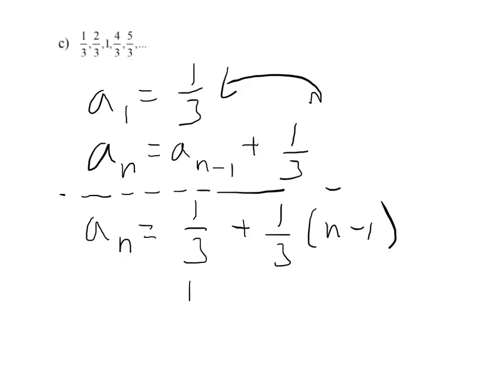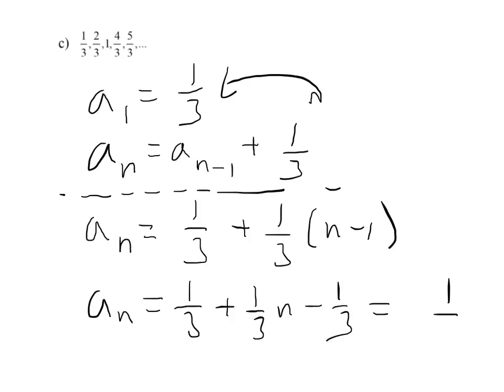If I wanted to simplify that, I would have to distribute that 1/3 through, and that would give me an interesting format. It would just give me 1/3 n. If you think about it, somebody a little sharper than I am would notice, oh, first term, second term, third term, fourth term, fifth term. So that's another way to do it. Okay?